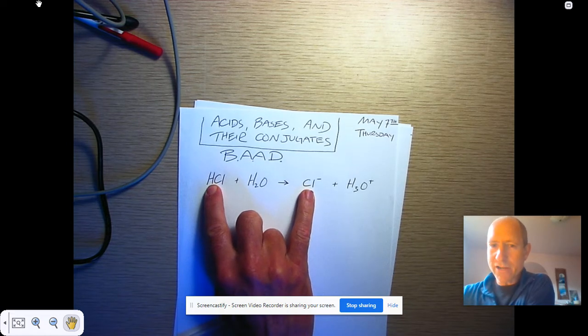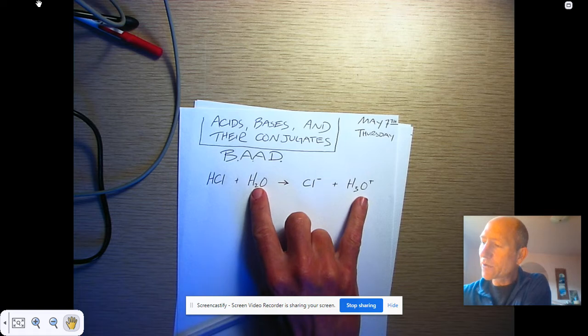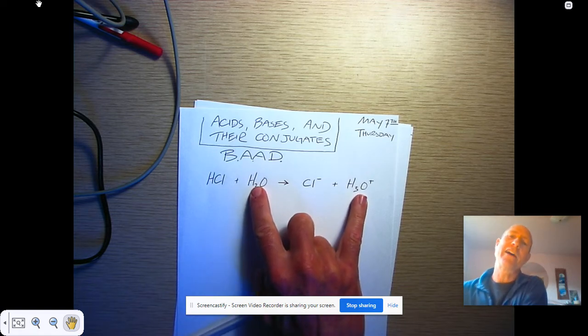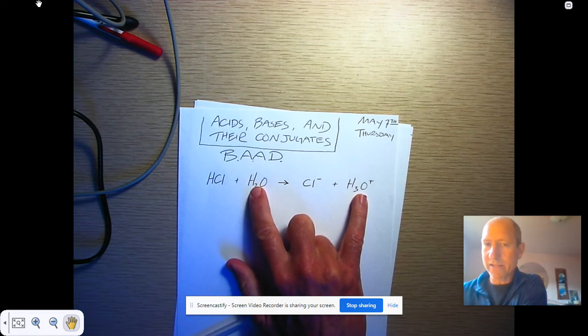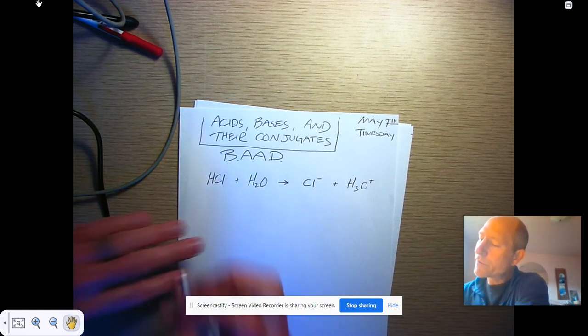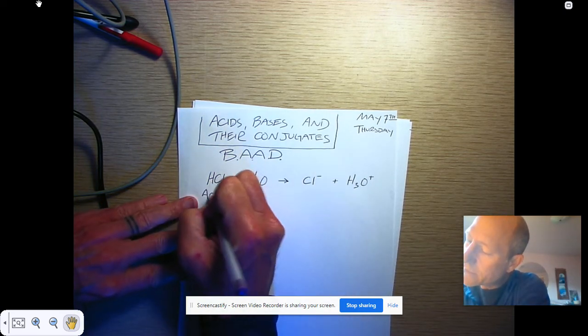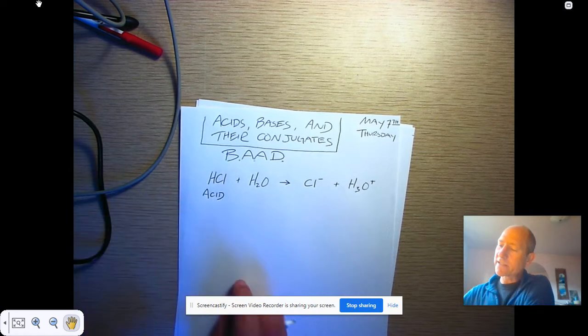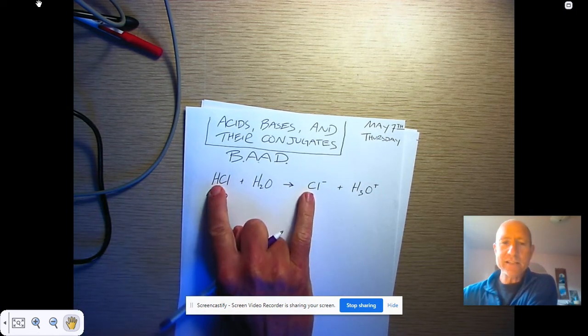So the number of hydrogens went down by exactly one. And with the water, the number of hydrogens went up by exactly one, because it started with two hydrogens and ended up with three hydrogens.